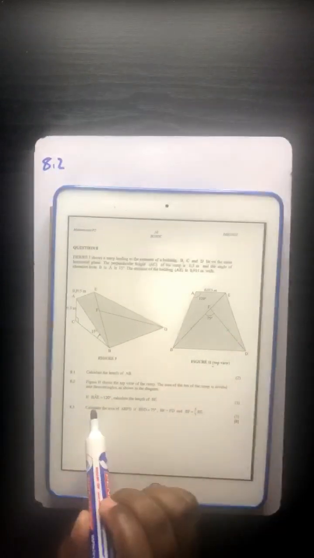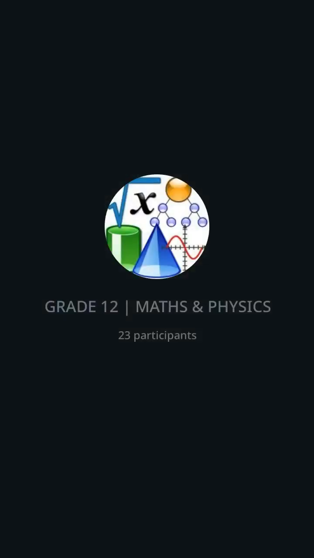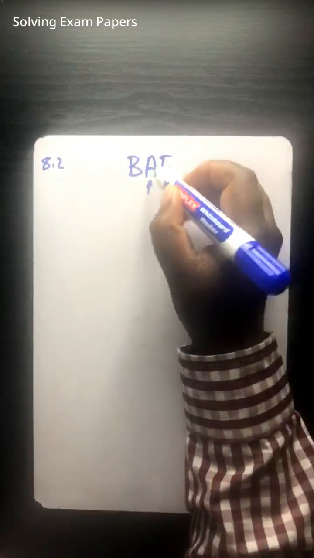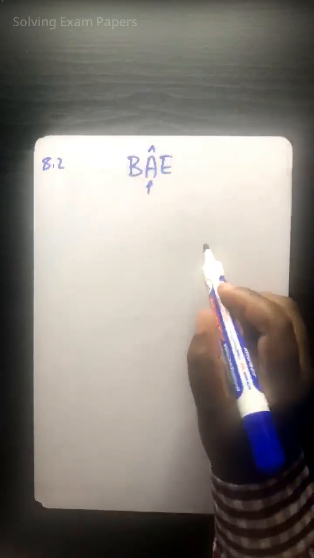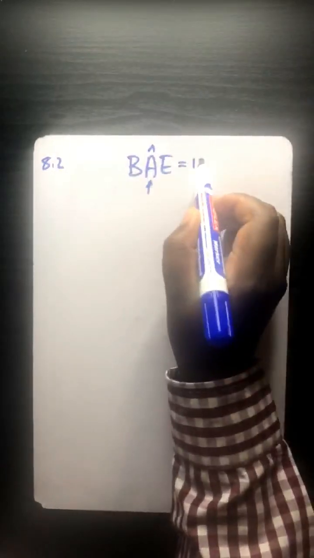So now let's see. In triangle BAE, angle A is equal to 120 degrees. It is very important that you are able to read this. This means in triangle ABE, the letter in the middle, the A, is the one which is 120 degrees.